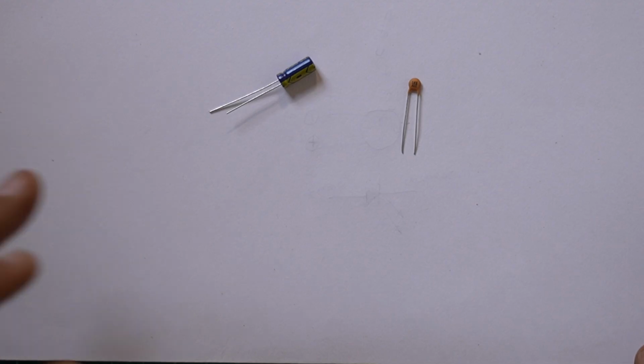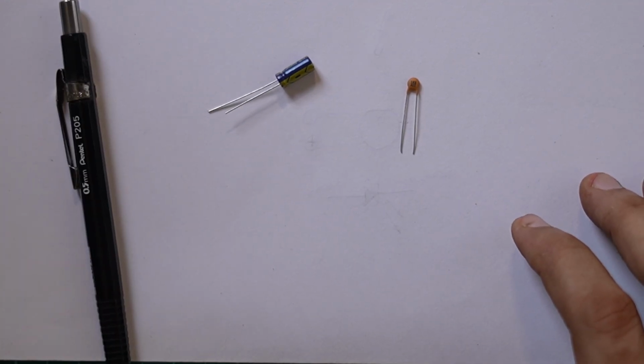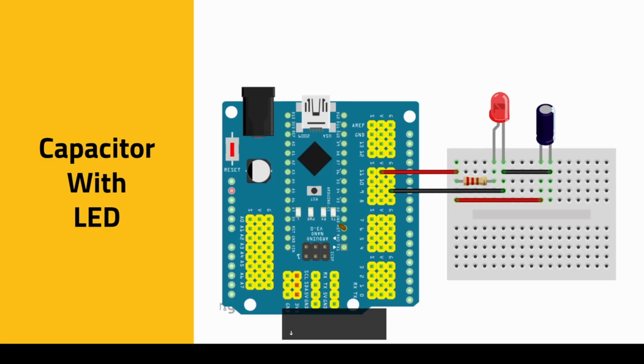And you can notice that effect if you use, let's say, I'm going to show you a circuit on your screen. So here it is. We've wired up an Arduino. Actually, you don't even need the Arduino. All you need is to supply an LED through a resistor, and then across that whole circuit you connect a capacitor.